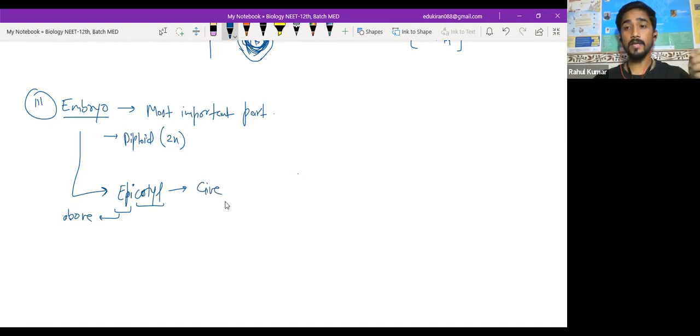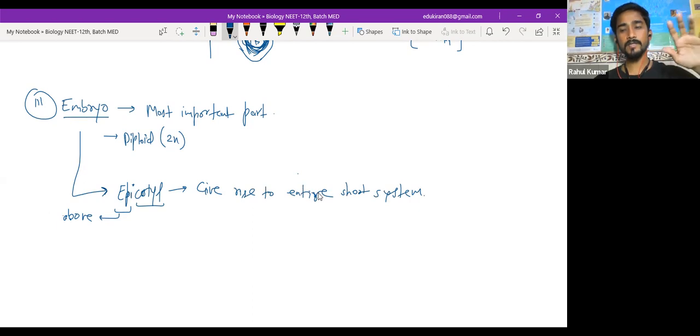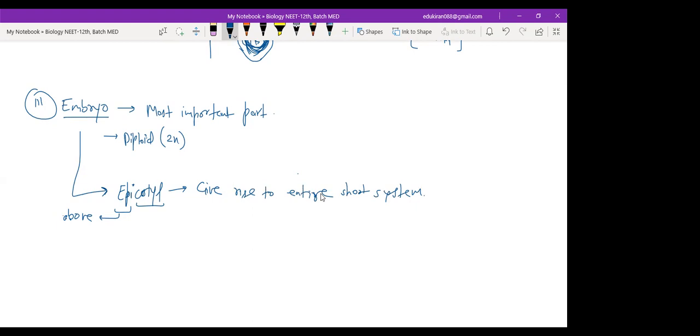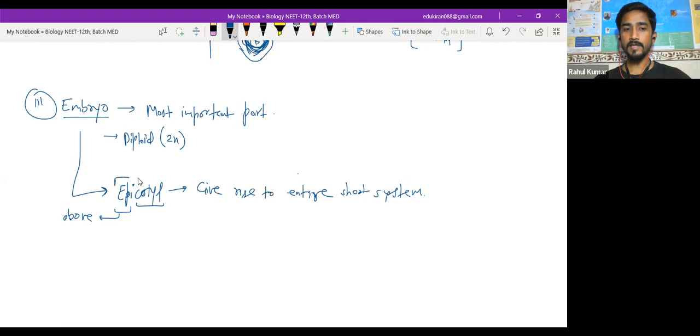What does epicotyl give rise to? Entire shoot system. And what makes the shoot? Stem, branches, leaves, fruits, flowers, buds, whatever is outside the ground. It's called shoot. For all those structures, the tissue responsible in the embryonic stage for a plant is epicotyl. Epi means above, so it will be easier for you to remember.